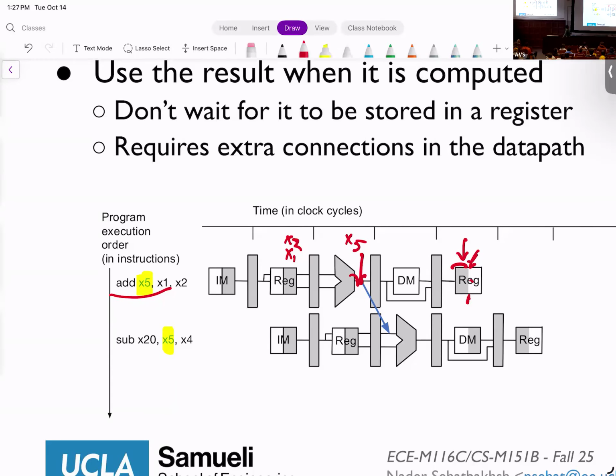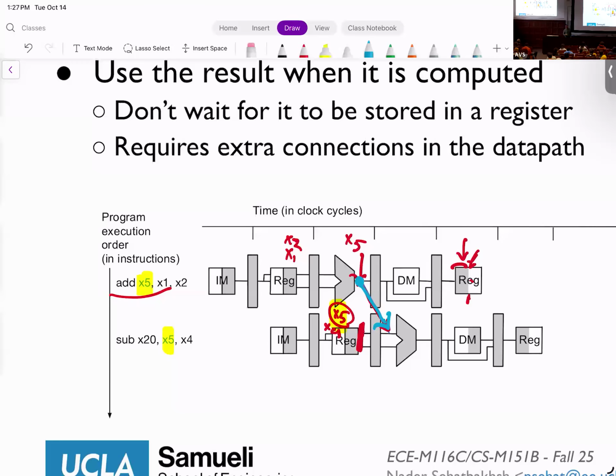So there is an opportunity here: if I somehow let this value overwrite the value that I'm reading from the register file. At this point, I'm reading x5 and x4, but since x5 hasn't been updated, this is an old value. I don't like this value, right? But if I allow this value to overwrite the value that I'm reading from the register file, then I'm good to go.